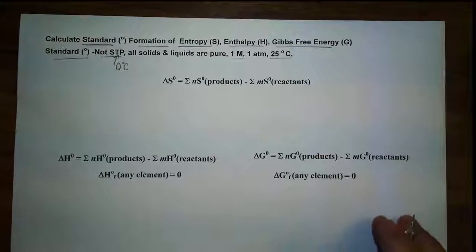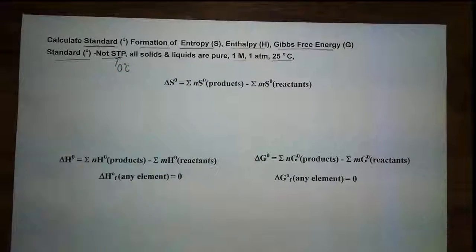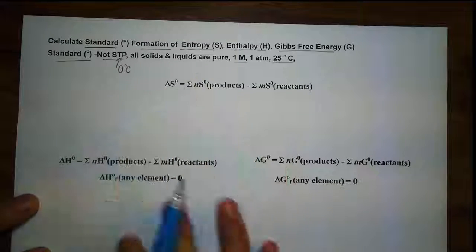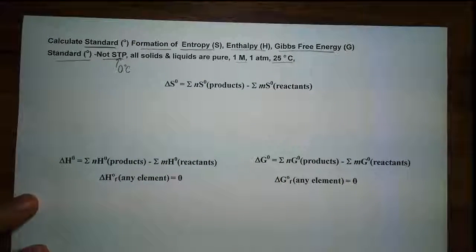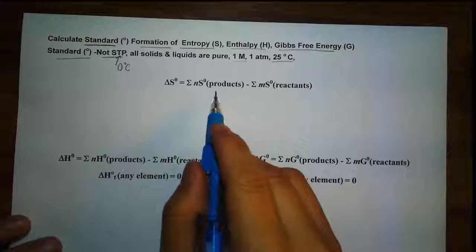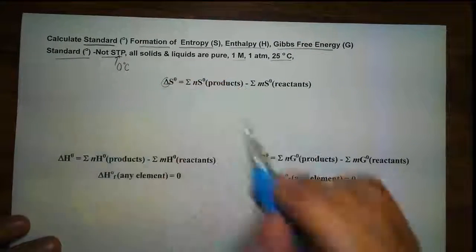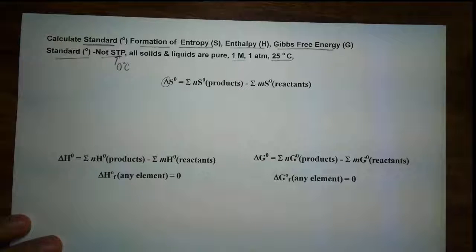So let's look at the equations as a whole and how they relate to each other. Notice how they all have very much the same format. It's always relative to this delta. What is delta again? Remember, delta is change, right?